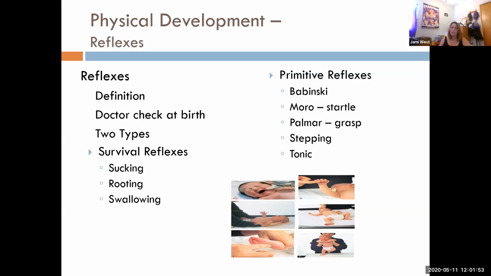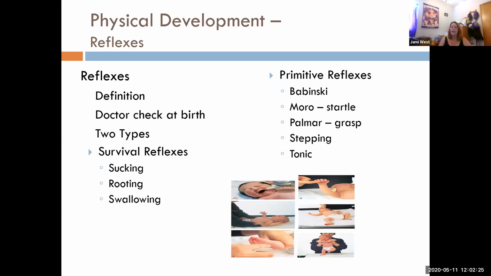And the last one you see here, the middle box on the right, is called the tonic reflex, which every typically developing baby does. I think we don't notice it. I didn't even know what it was until I started teaching this class, but once I read about it, I see it with every baby I've ever been with.